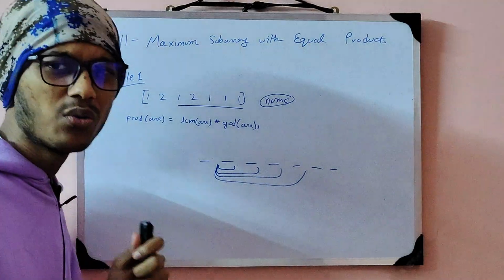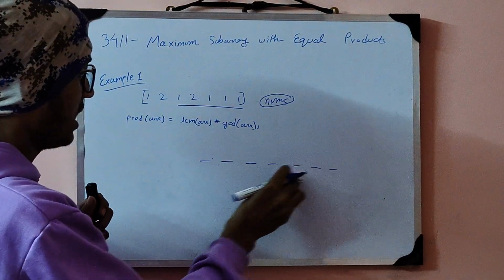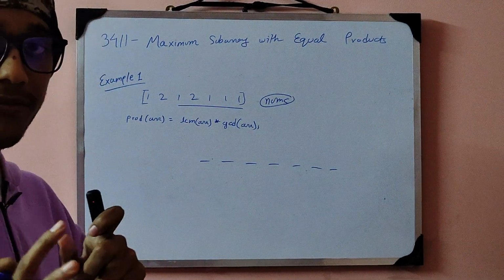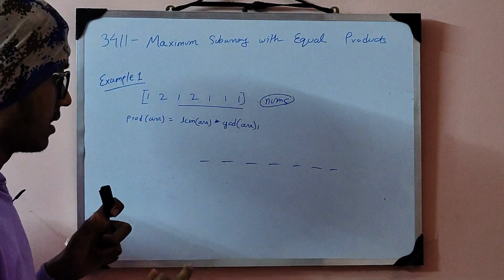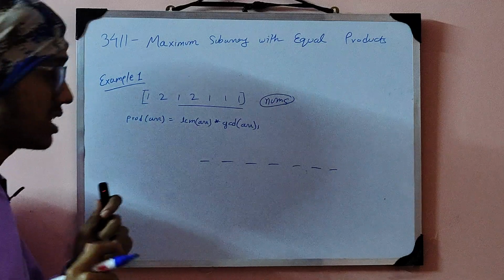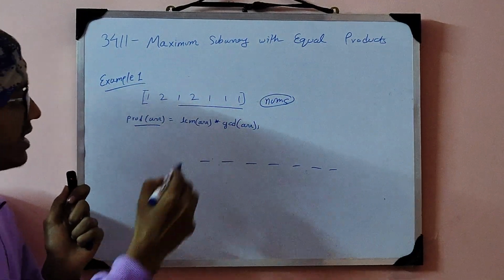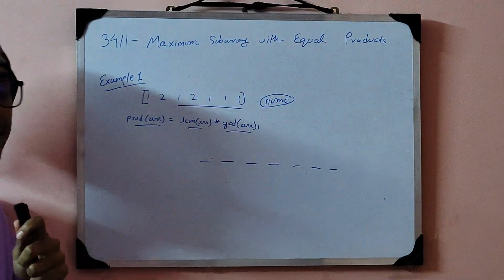It is the same thing that we used to do in selection sort, right? So this way, we can have each and every subarray. If we have each and every subarray, then we need to check two things: the product of the array, the LCM, and the greatest common divisor, that is the GCD.